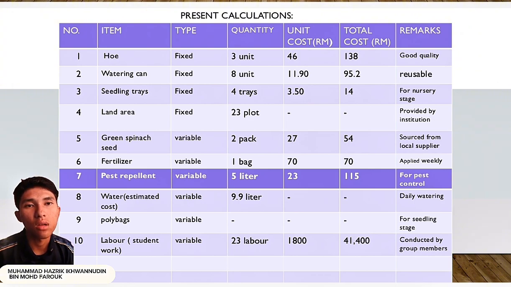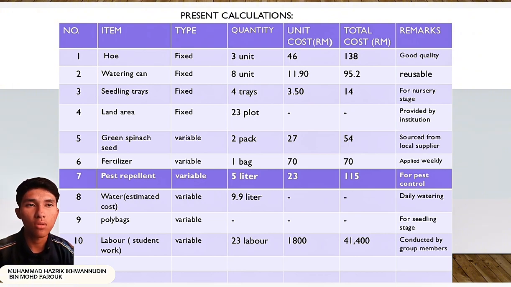Land area has 23 plots, green spinach seed 2 bags, fertilizer 1 bag, pest repellents 5 liters, water 9.9 liters. Polybag, it doesn't have a quantity, we don't use it. And the labor is 23 labor.